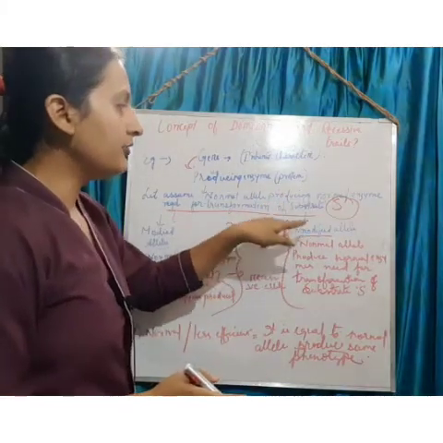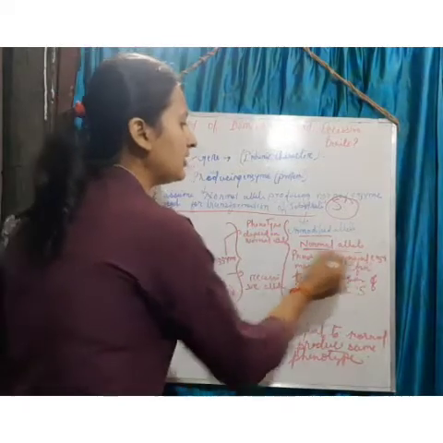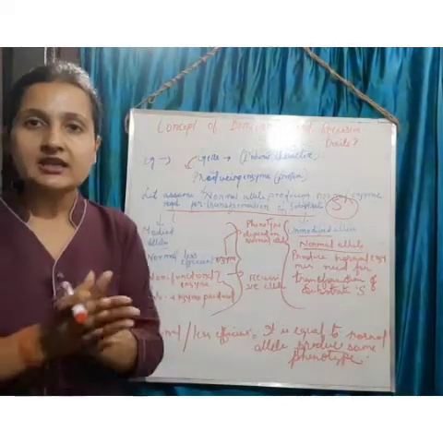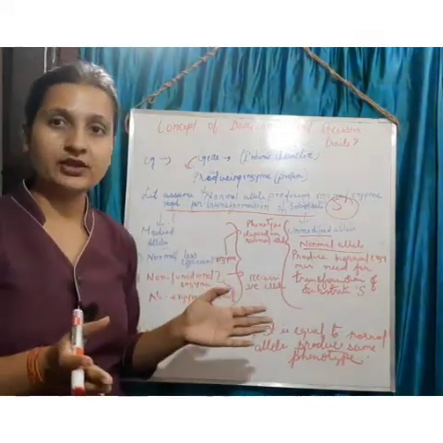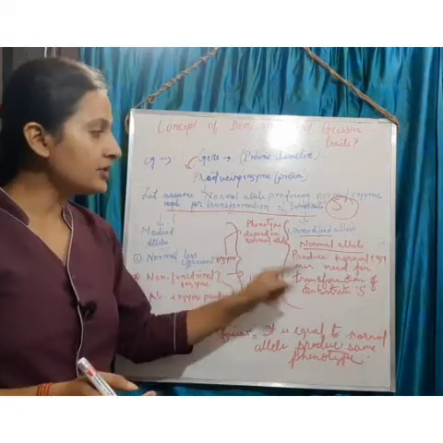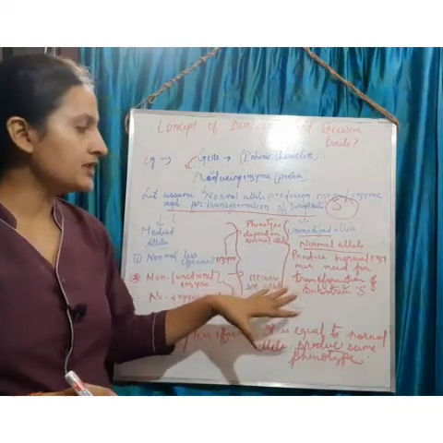So unmodified allele means the normal allele, they don't get modified, so they will produce the normal enzyme needed for the transformation of the substrate.